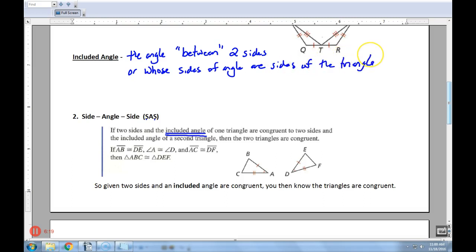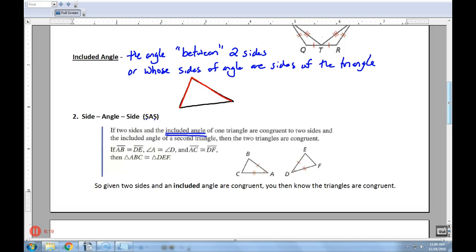Now I think this is going to be easier with a picture. So say for instance I have this triangle right here, and I want to focus on this side and this side.